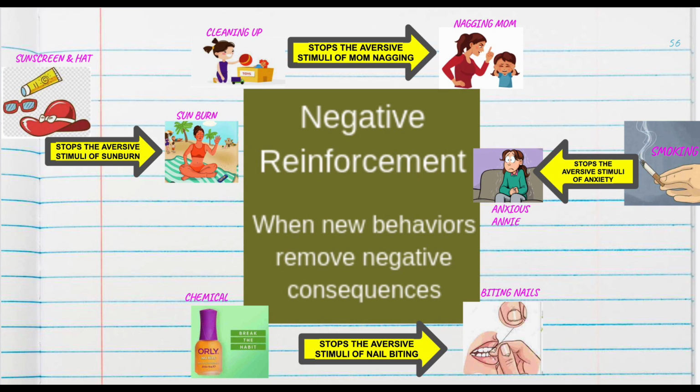It's bad behavior, but that's not the point with operant conditioning. Throw that out the window. With operant conditioning, it's all about reinforcing the good behavior or the bad behavior or the aversive stimuli.